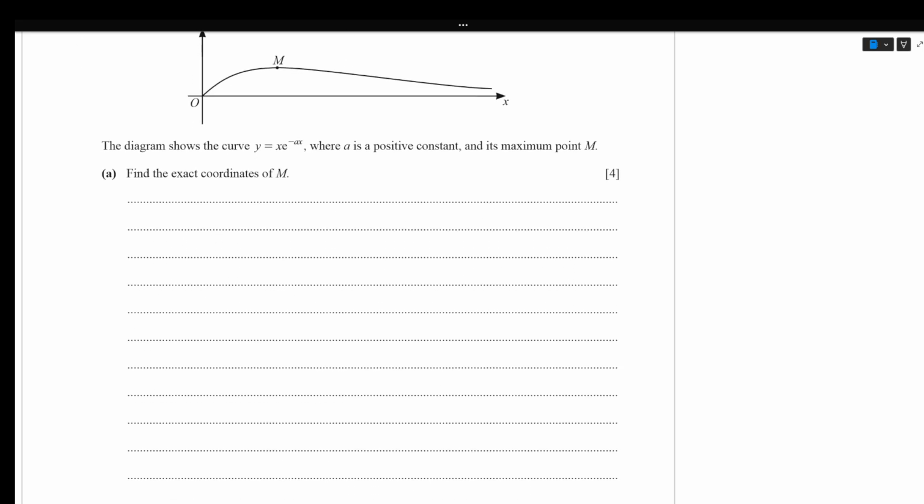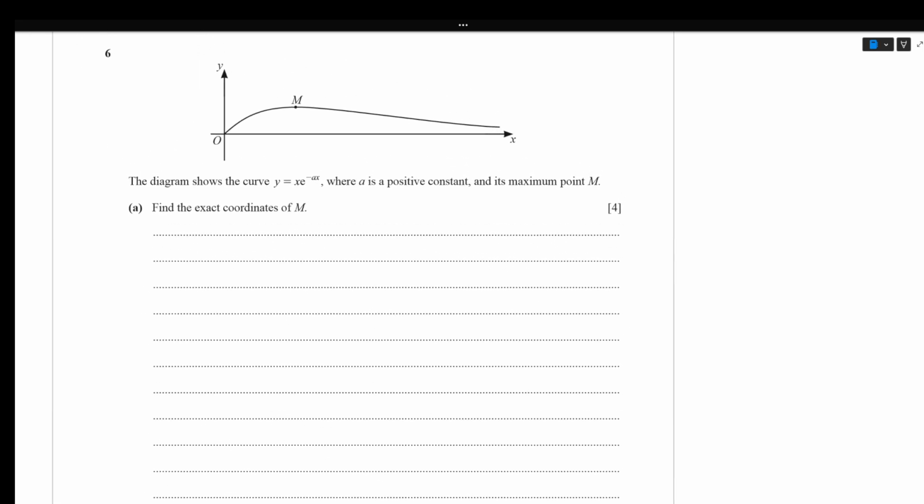Moving on to question 6. The diagram shows the curve. M is the maximum point, and we are supposed to find the exact coordinates of M. Okay, maximum point implies that the gradient at M is 0. y equals x e to the minus ax.